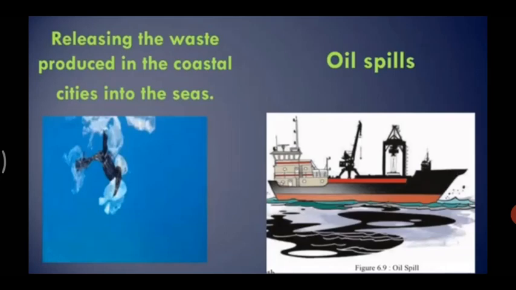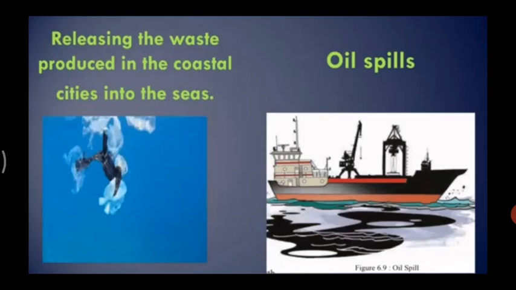Billions of tons of litter end up in the ocean each year, reportedly bringing 250 million tons of trash into the sea every year. 250 million means it's a lot, right?